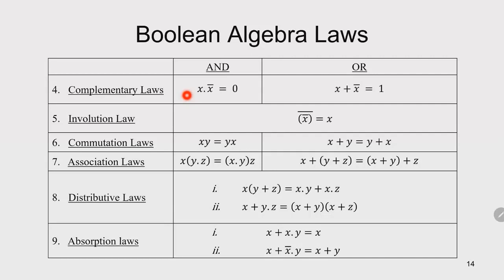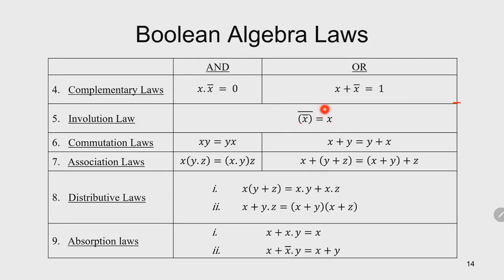So this is called complementary law. It means that x AND with x complement is going to give us 0 all the time. In involution law, if we double complement any Boolean variable, we end up with itself.